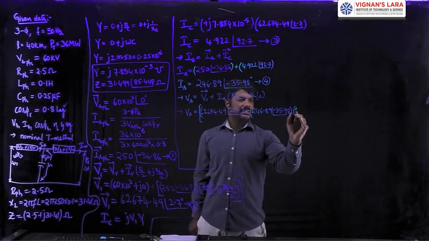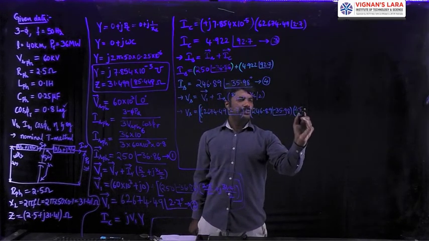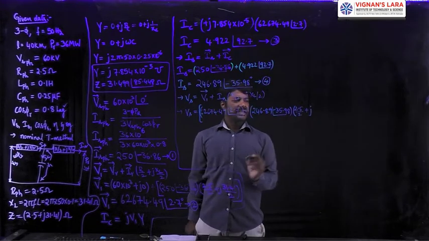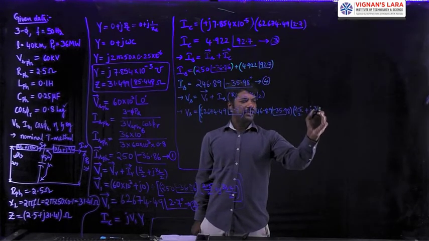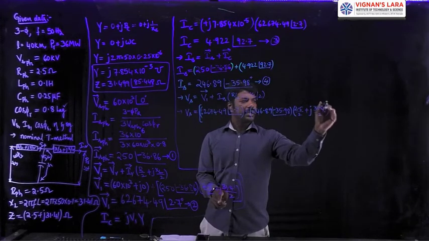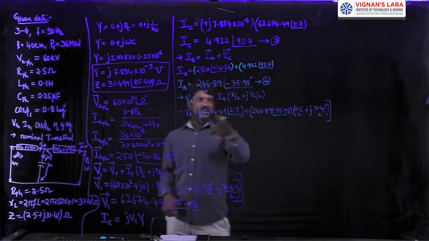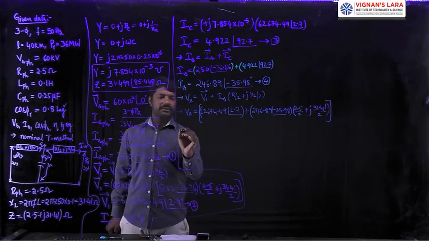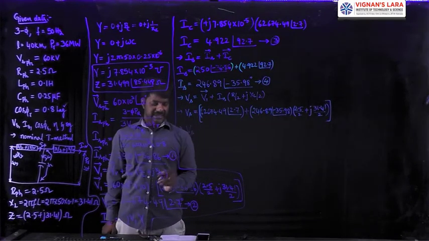R by 2 is 2.5 by 2 plus j XL by 2, 31.41 by 2. Okay. Simplify this in the calculator to get the voltage Vs on the sending end side.